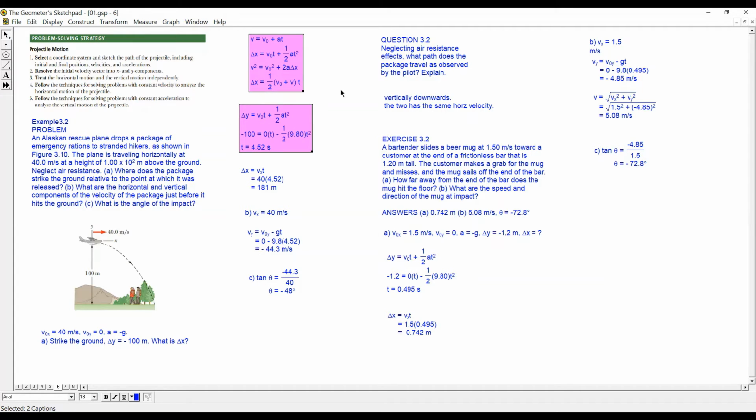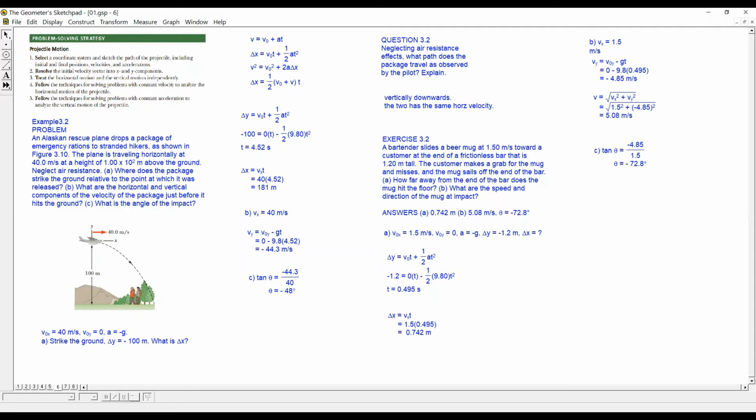We take equation number 2 and we substitute in the displacement, the velocity, the acceleration, which is half g, half times g, sorry, all this we substitute in using the vertical component. So the displacement when you reach the ground is negative 100.